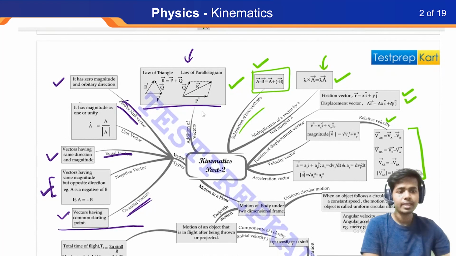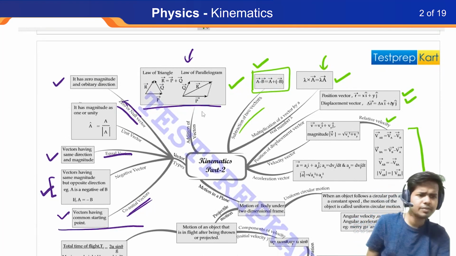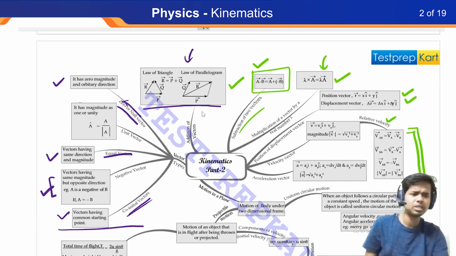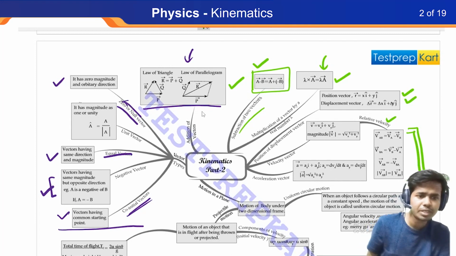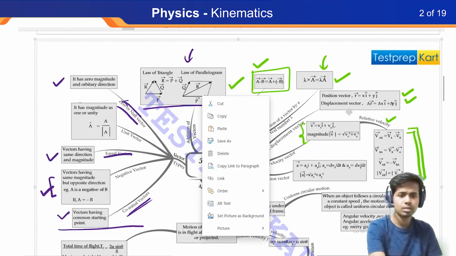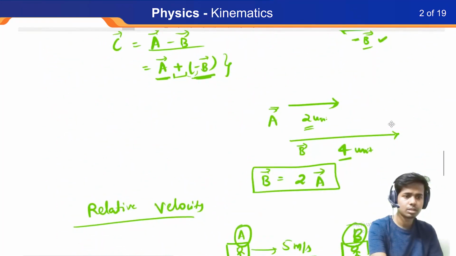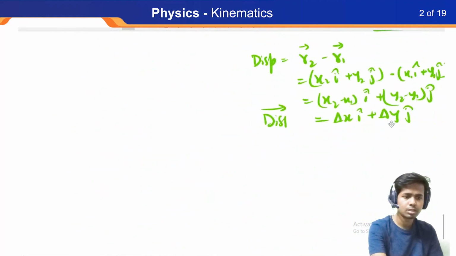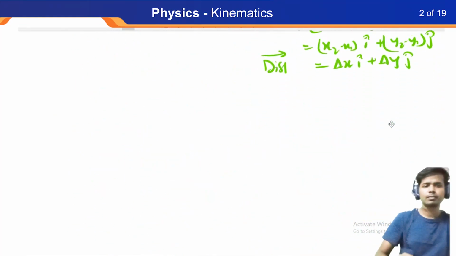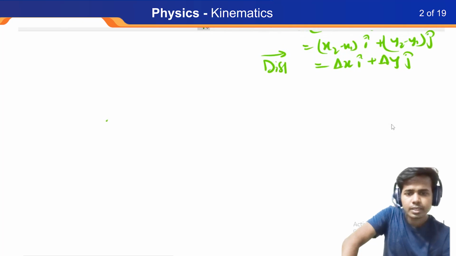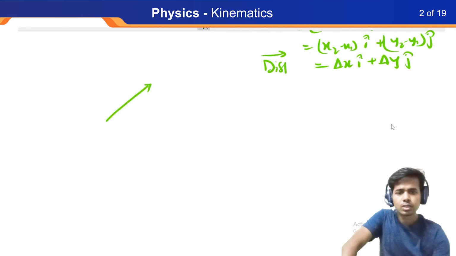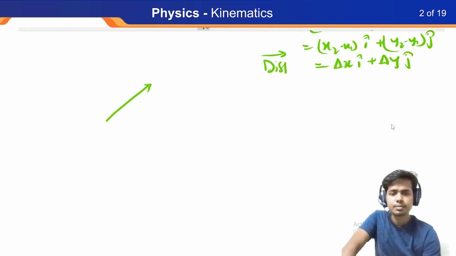So after that, the relative velocity I think has already been covered. We need to get into it. I think we can discuss this one. Now, let's say this is the velocity vector.